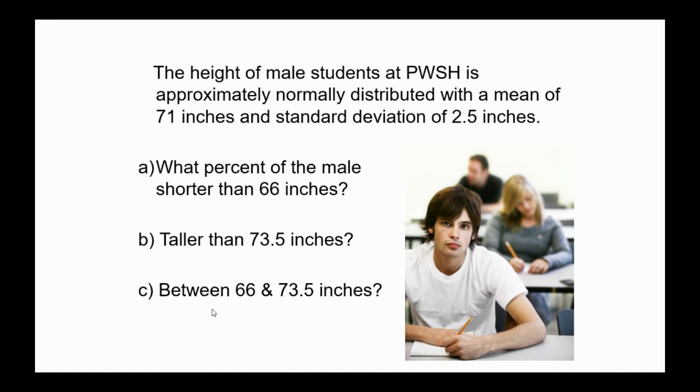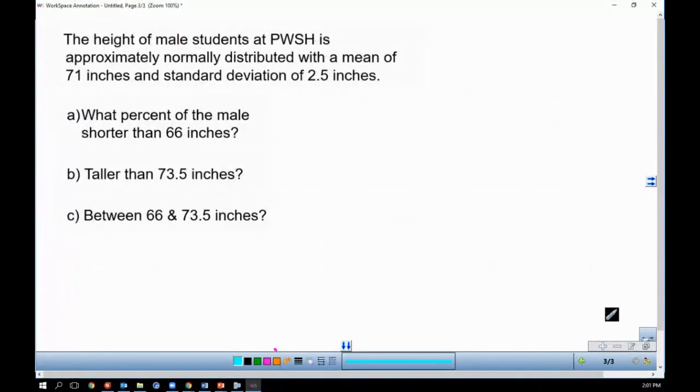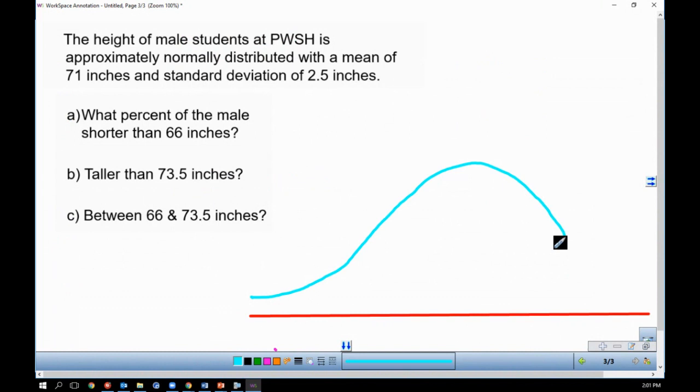Last period, what helped a lot of them was actually drawing your graph out. So we're going to do just a quick sketch of it. So the mean was at what? 71.